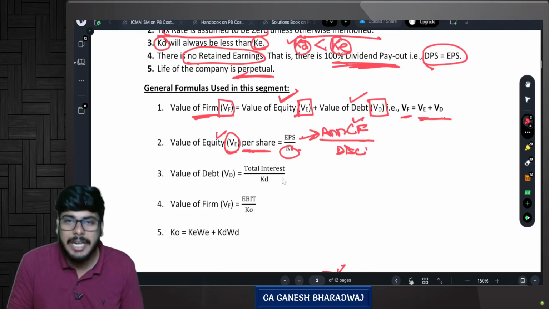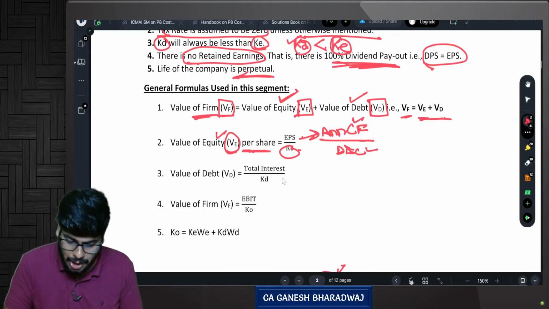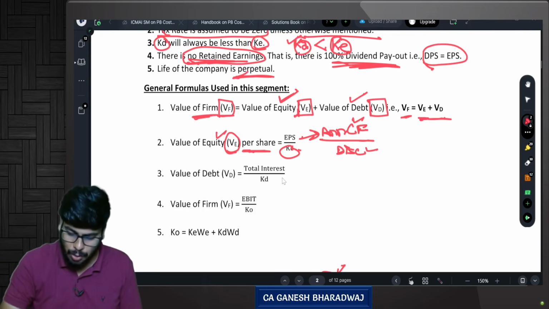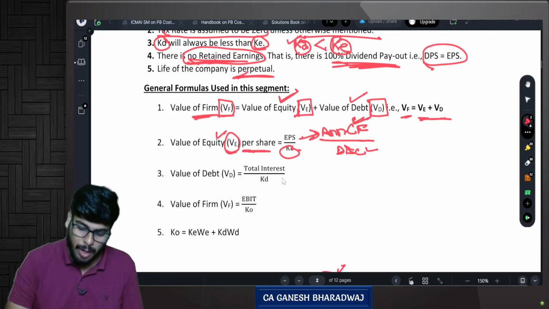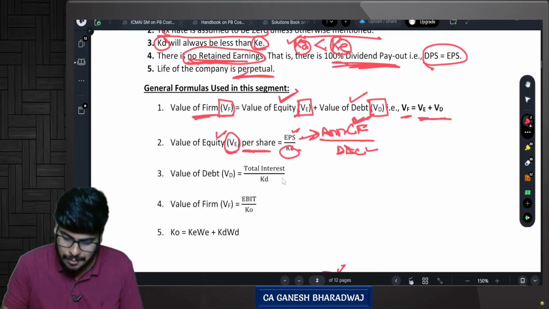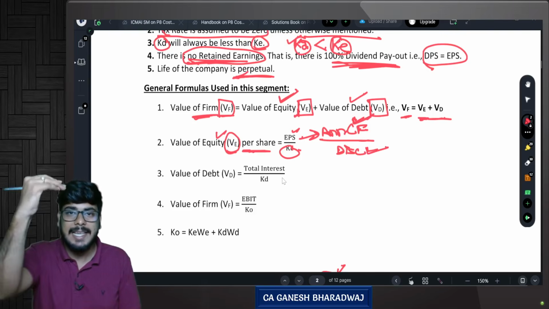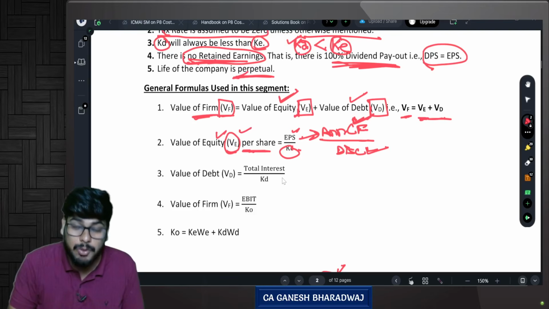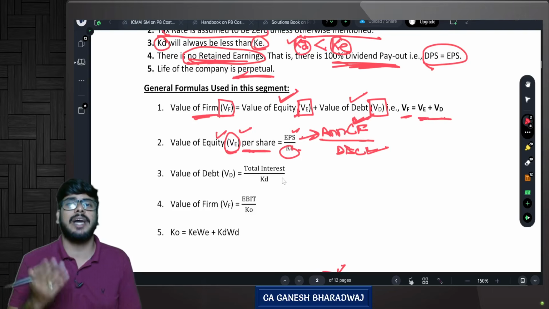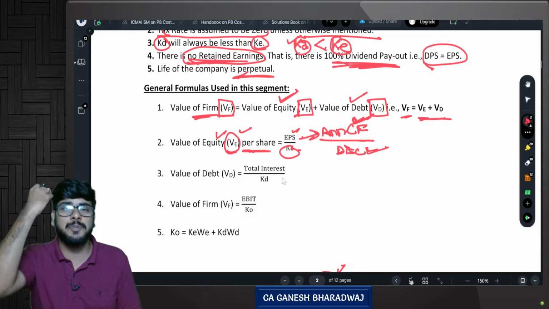And just now we saw there is no retained earnings, so whatever they earn, they will give to the shareholders. So every year the EPS itself will be the DPS, dividend per share. Correct? So annual cash flow divided by the discount rate KE, EPS divided by KE, will give you the value of equity per share. Does it make sense? Should you mug up anything? Absolutely not. This is pure logic.